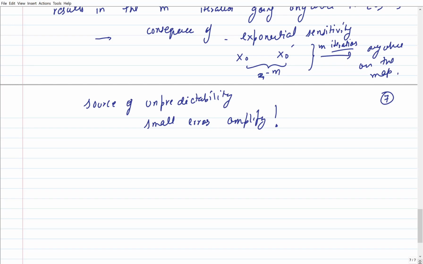So this was an example of a tent map, such a simple map, and it was giving rise to beautiful phenomena like unpredictability, exponential sensitivity, and in general a very rich dynamics arising out of a very simple system.